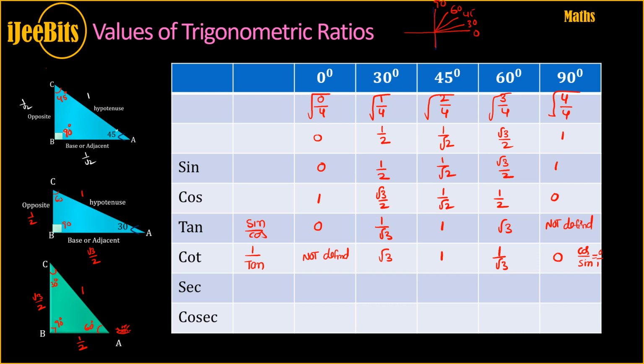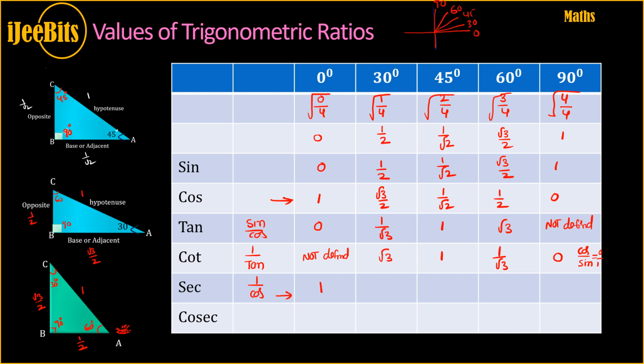Now look at secant. Secant means 1 by cos. Take the reciprocal of all the values of cos to get secant. So look at cos value 1: 1 by 1 means 1.